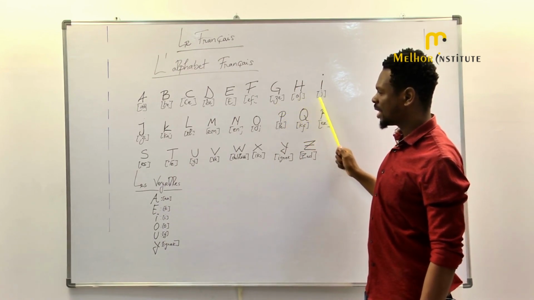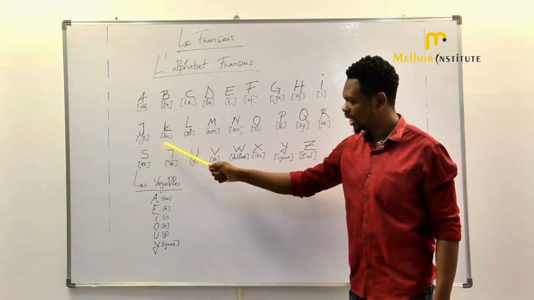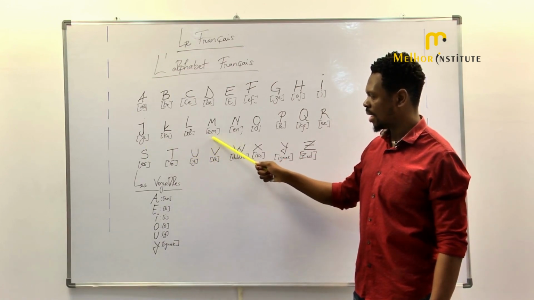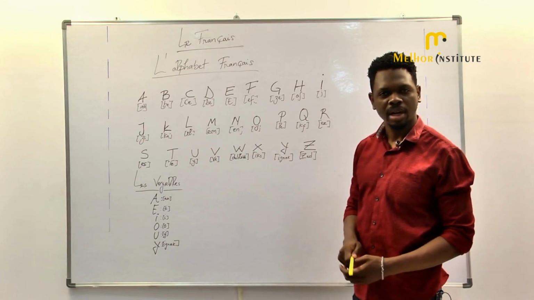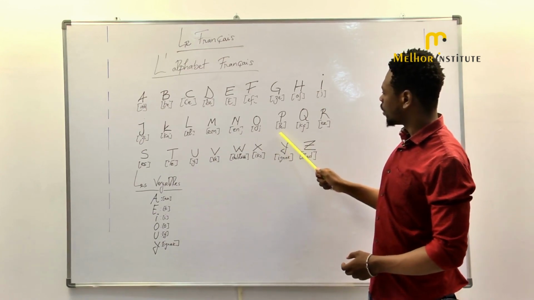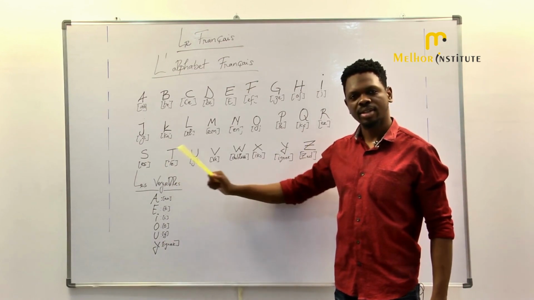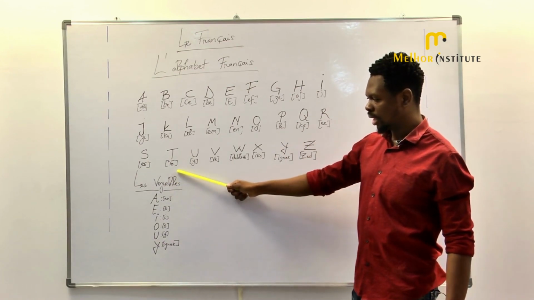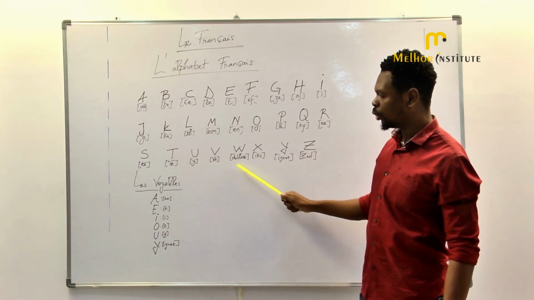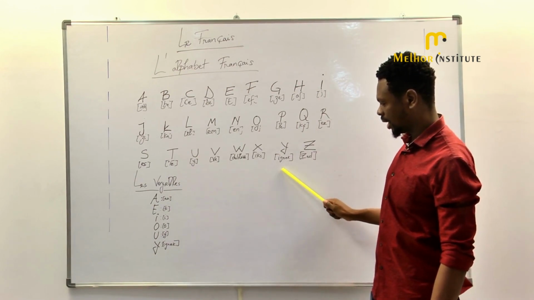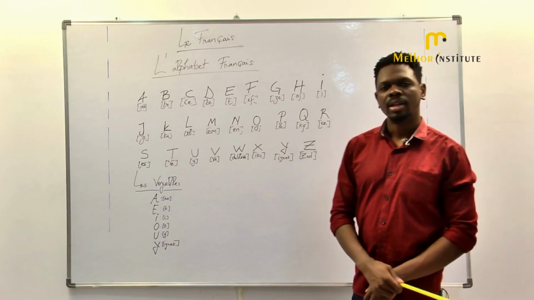G, H, I, J, K, L, M, N, O: similarity to English. P, Q, R, S: another similarity. T, U, V, W, X, Y, Z.